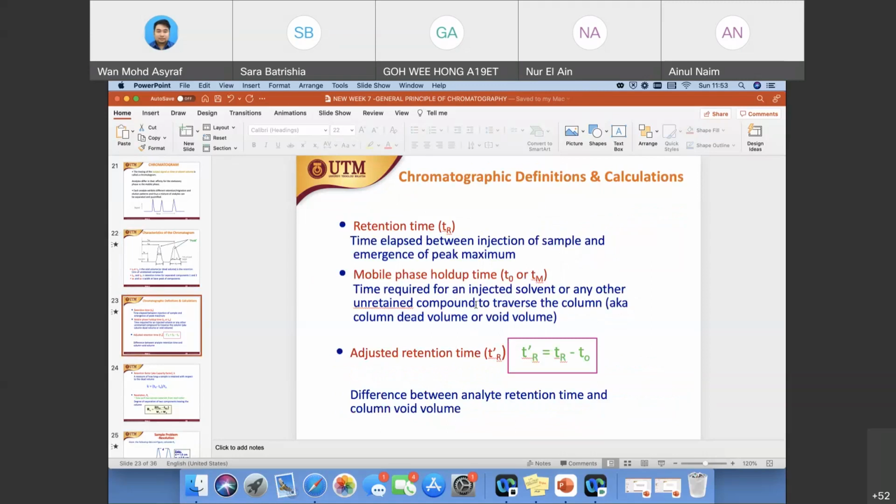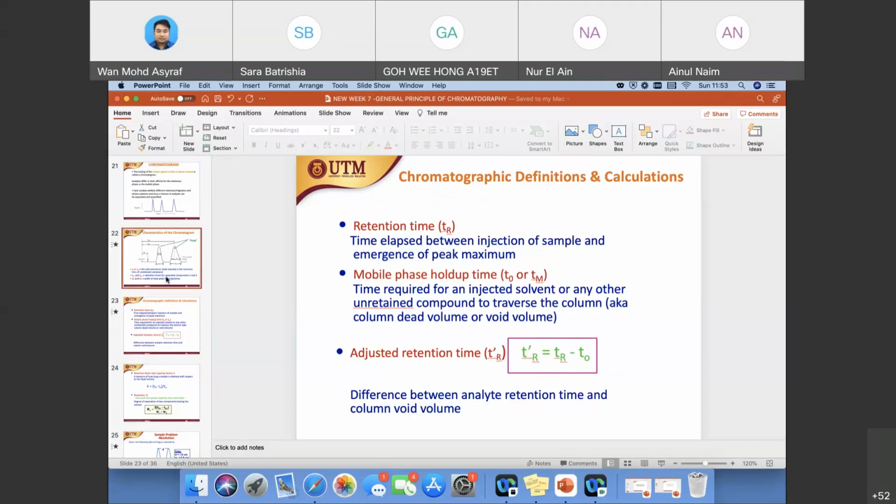The mobile phase hold up time, or T0 or TM, is the time required for the injected solvent or any other unrelated compound to traverse the column, that is, to elute from the column. So that is called T0 or TM. Adjusted retention time is the retention time with an apostrophe here: T apostrophe R, which is the retention time minus the T0.